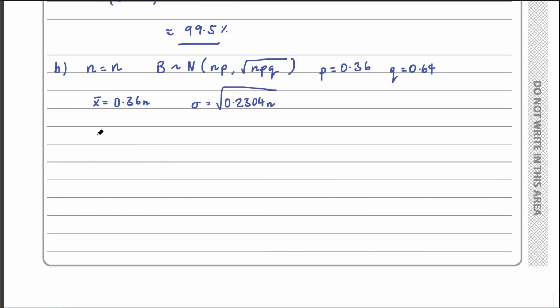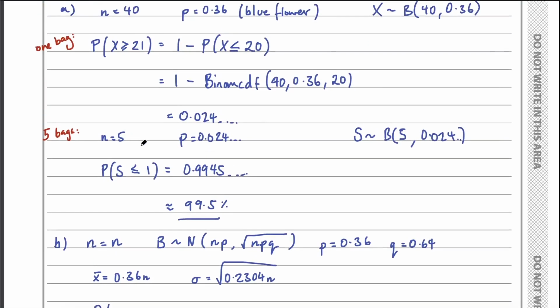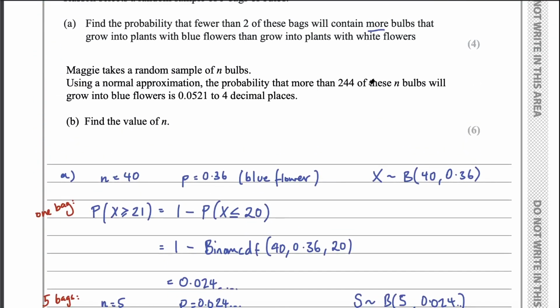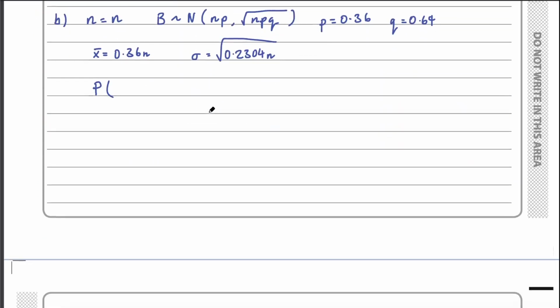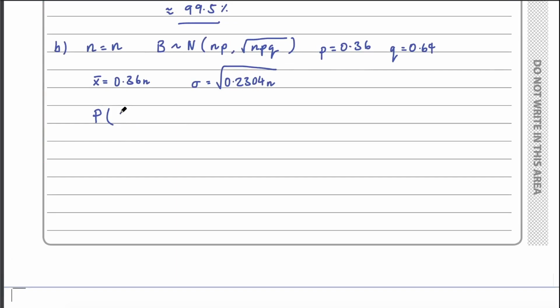And they've told us in the question that the probability of more than 245 of these bulbs growing to blue flowers is 0.0521. Okay, so let's write that down. Probability of our blue flowers greater than 245 equals 0.0521.